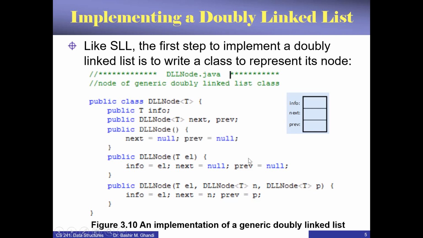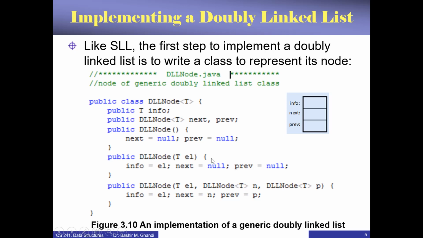The last constructor is, as before, assuming we don't have any input. So the constructor here will just set the variables to null. In fact, there is really no need, because if you don't give info, next, and prev a specific value, automatically they will be null anyway. So this is our DLL node class.